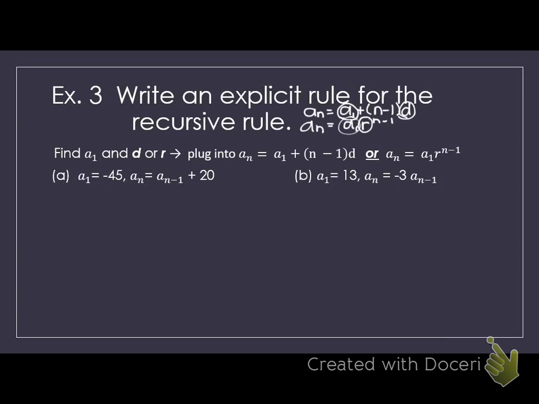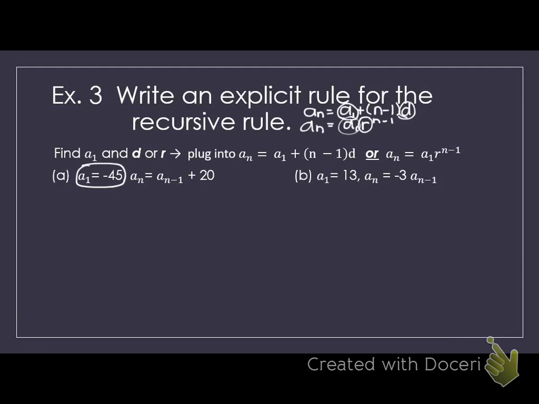So let's go down to letter A. Do they give us the first term? Yes, they already gave us the first term. If we look at letter A, we've got a sub 1 equals negative 45. So they've already given us half of what we need to write this rule. The second thing we need, though, is either the common difference or the common ratio. So if you look at the recursive rule, there's only one number in it.